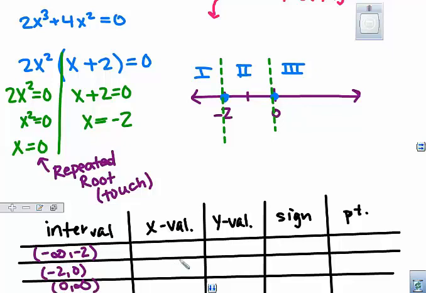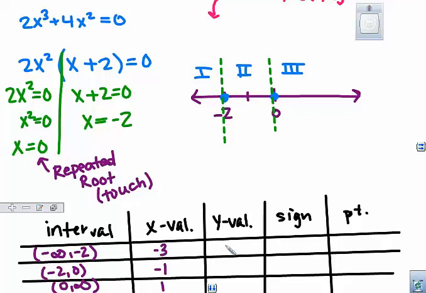I can pick any x value in these intervals. I'm going to choose negative 3, negative 1, and 1. When I plug those values in, you can use your calculator. Just make sure you're using parentheses. So that, for instance, when you do the negatives, that you're actually squaring the negative, not just the 3.